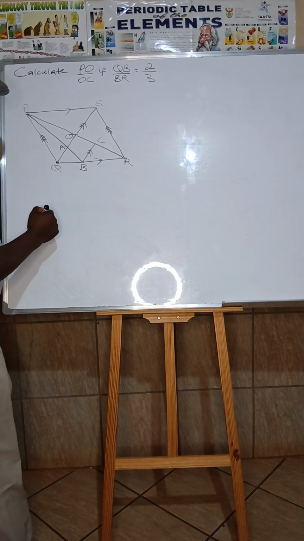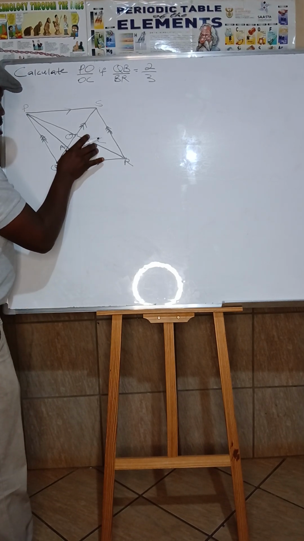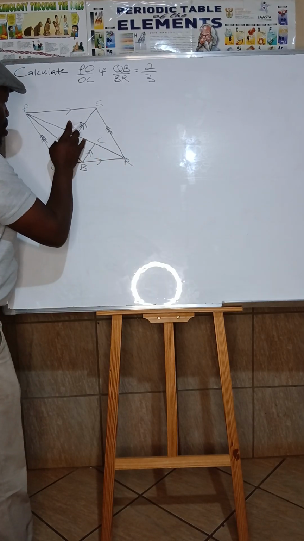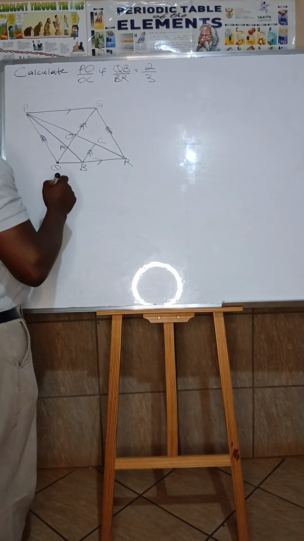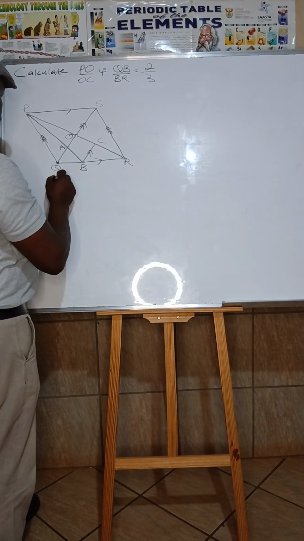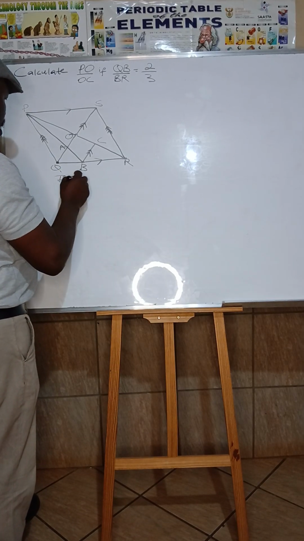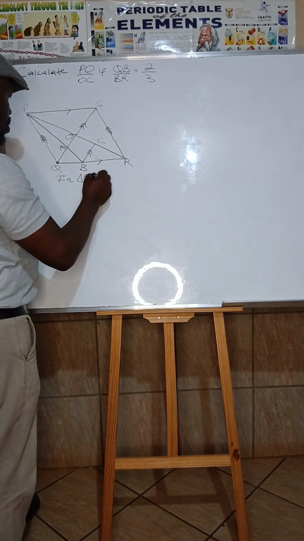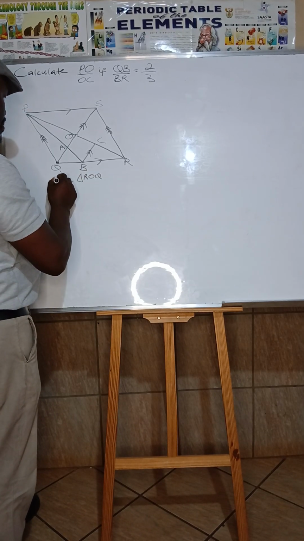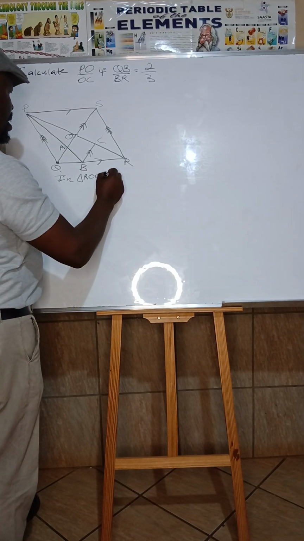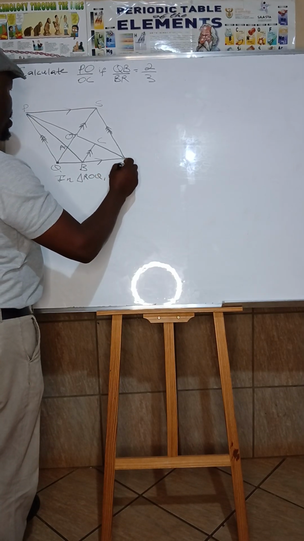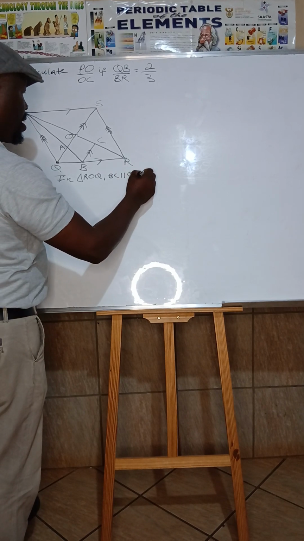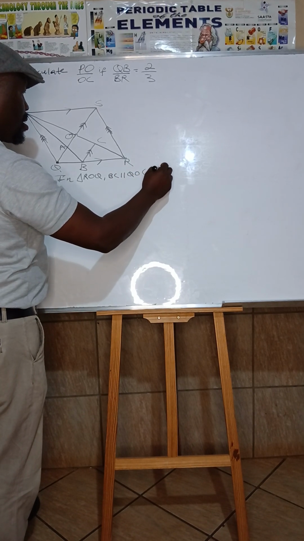That simply tells us that we can work with this triangle, triangle ROQ. In triangle ROQ, BC is parallel to QO, that is given.